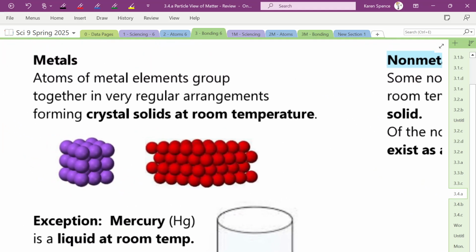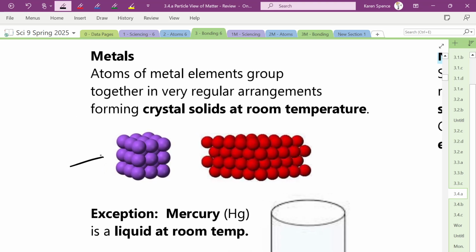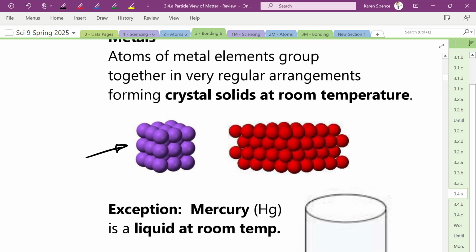Metals. What does this look like? What does that almost look like? It looks like a sugar cube. It also looks like a crystal lattice, and that's because it's not an ionic crystal lattice.